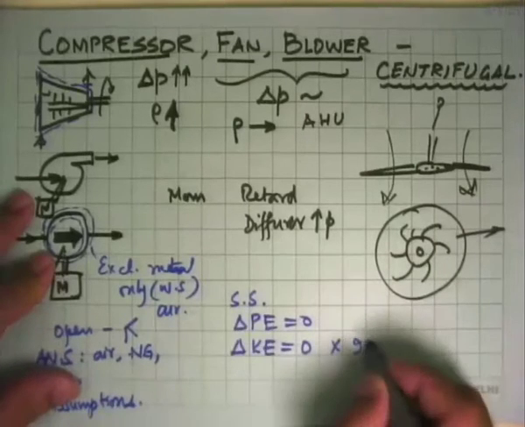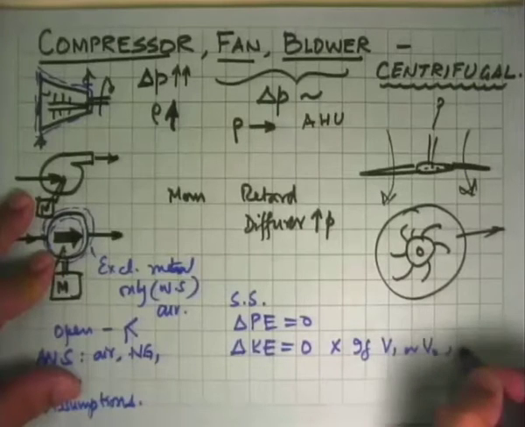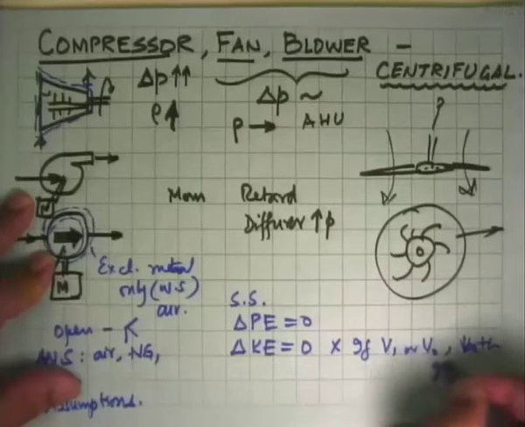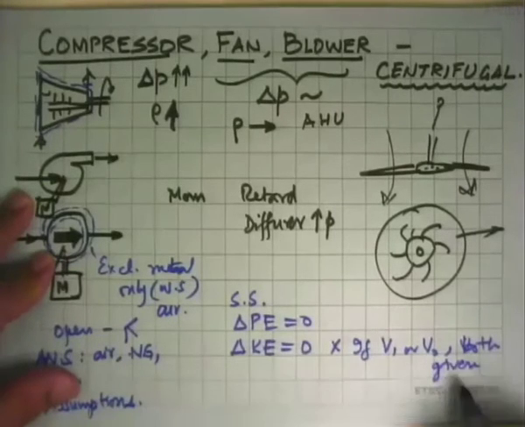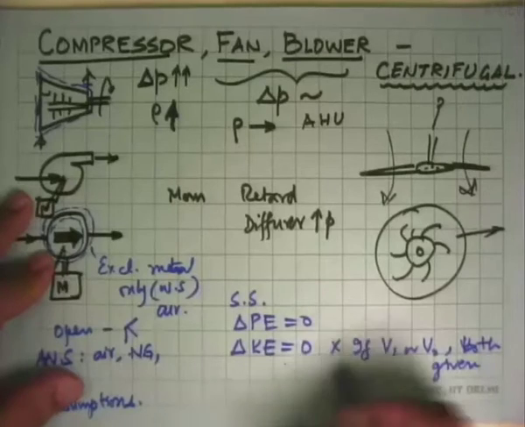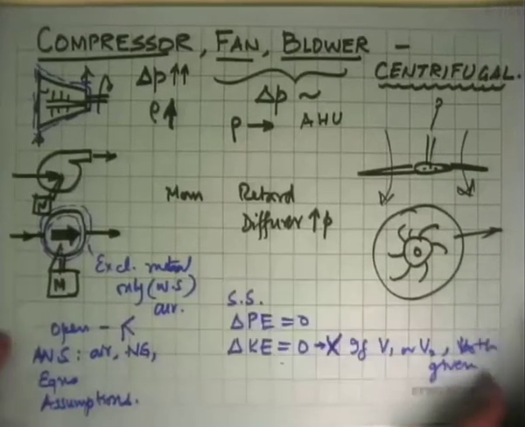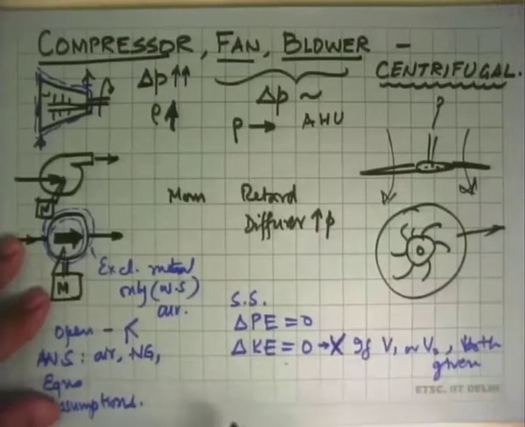So if V1 or V2 or both are given, then this is not the case. Then this will be wrong. So once we do that, we get to the equations, and then we are in a position to solve.